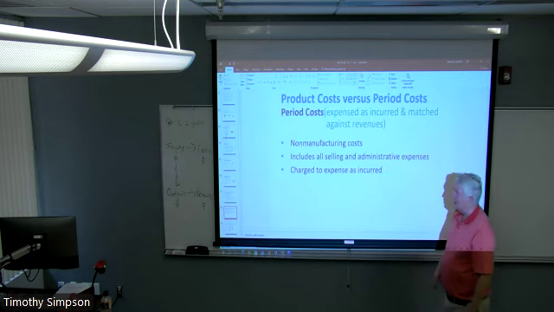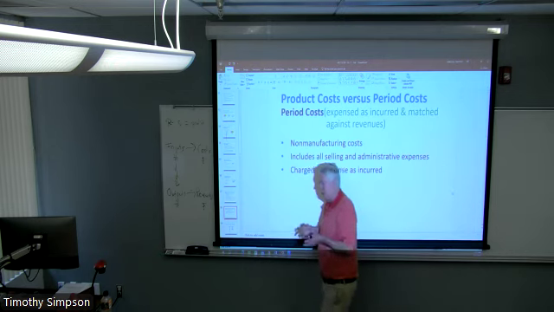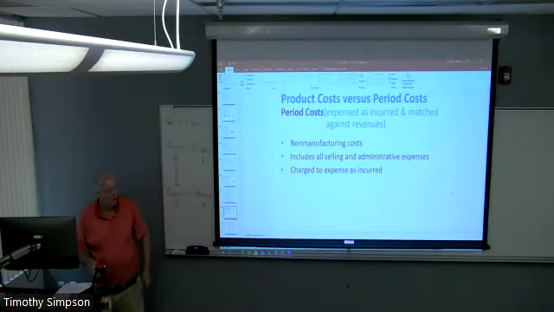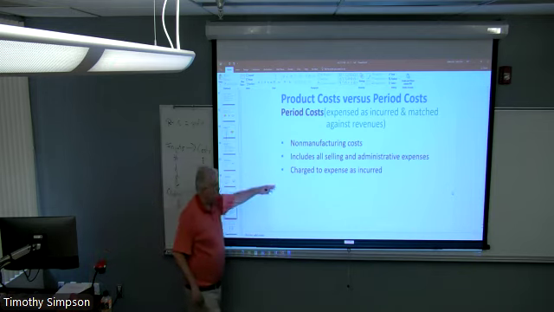So what it looks like in an income statement is you have sales, cost of goods sold, and gross profit. Directly below that, you'll have selling and administrative expenses, and sometimes that'll be broken into several line items. Sometimes selling expenses will be their own separate line item.